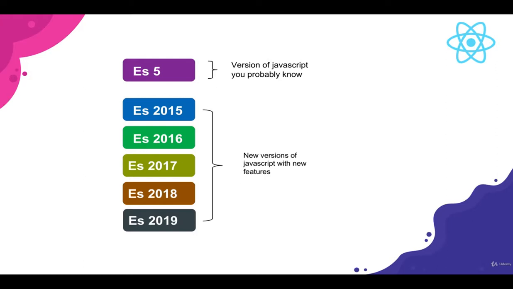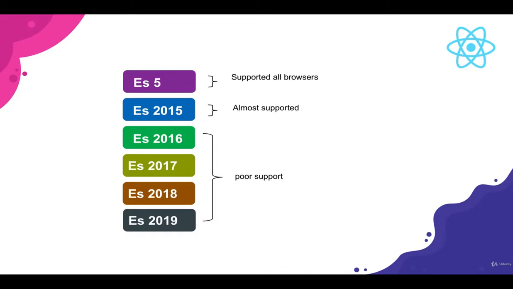At present, just about every single modern browser out there has excellent support for ES5 JavaScript. So in other words, if we write ES5 JavaScript code, then we can send it out to just about any version of browser, and that code's going to be executed just fine. The same is almost true for ES 2015 as well, I'd say.